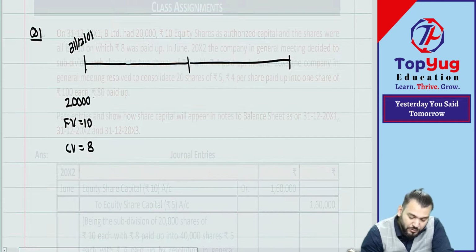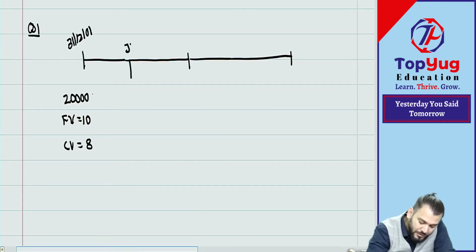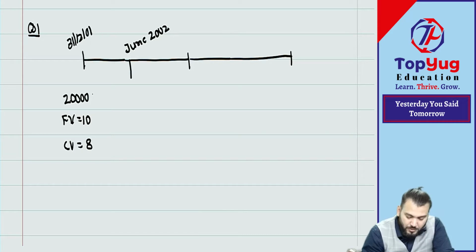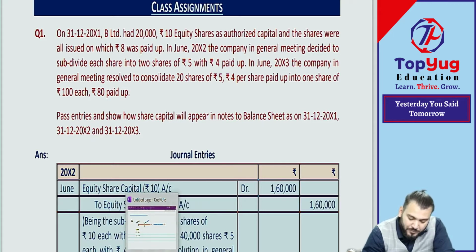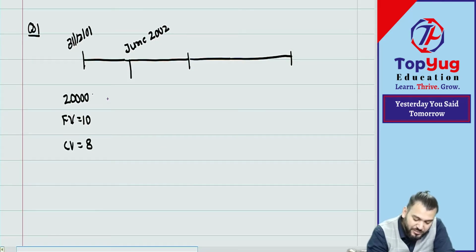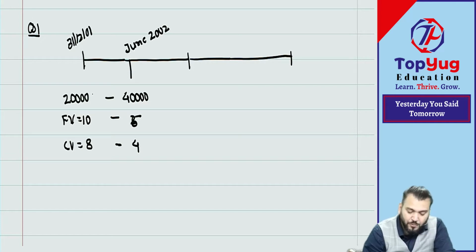Then it is given that in June 2002, the company in general meeting subdivided each share into two shares of rupees 5, rupees 4 paid up. Means each share has been subdivided, so 20,000 will become 40,000 shares. Face value will become 5, and called up value will become 4.